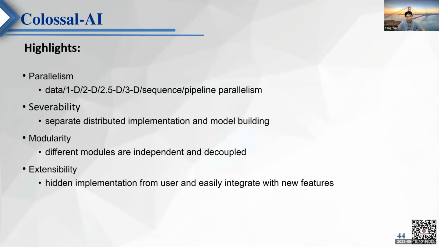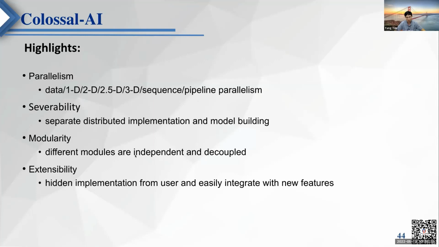Okay. So for Colossal-AI, we have many features to support our future target. Firstly, we have all the parallelism, and also we want to separate the distributed implementation from model building, and we want to make different modules independent and decoupled.